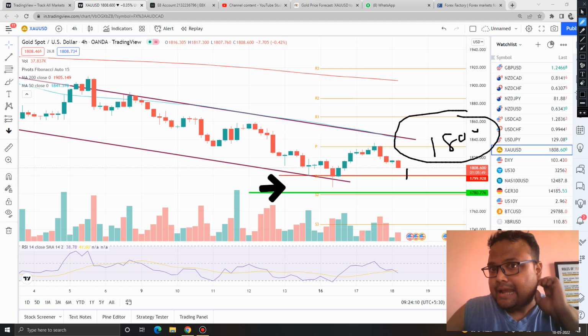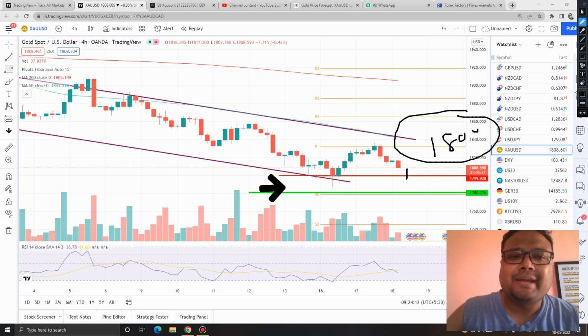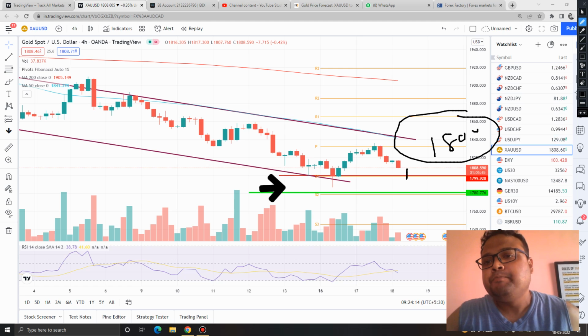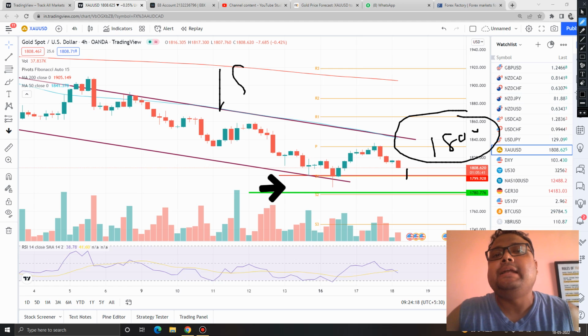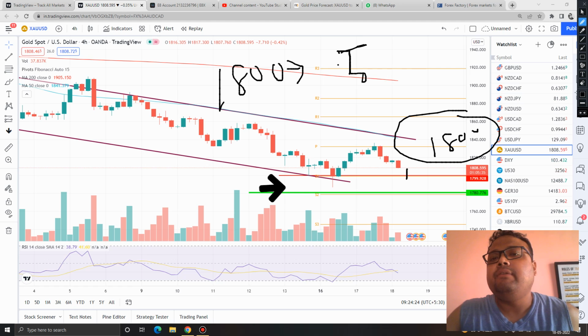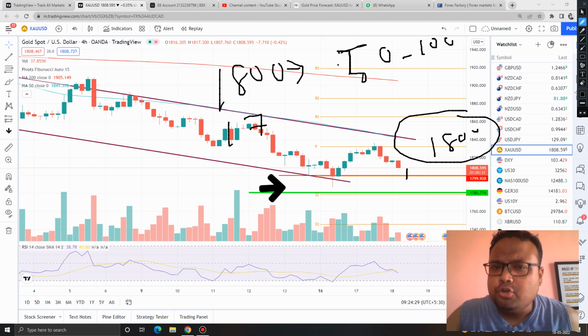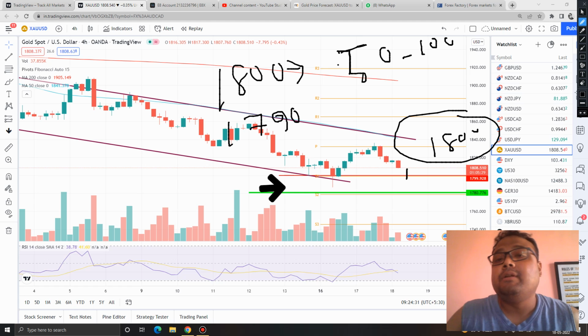Not till the 1780 level, but yes, you can expect at least 40-50 pips if gold breaks 1800, because if gold breaks the level of 1800 with high selling pressure, there will be a selling of at least 50 to 100 pips. It means that gold should touch the level of 1790 as well.